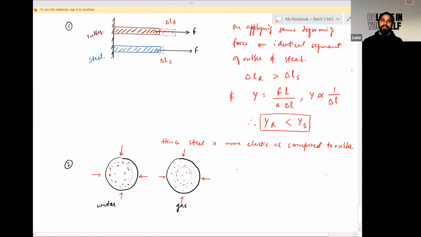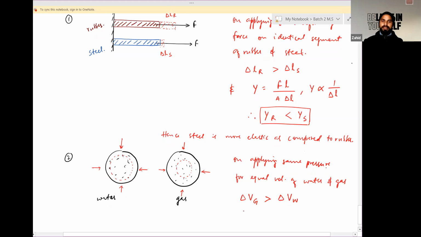So you will say, on applying same pressure for equal volume of water and gas, delta V in gas will be more as compared to delta V in water.